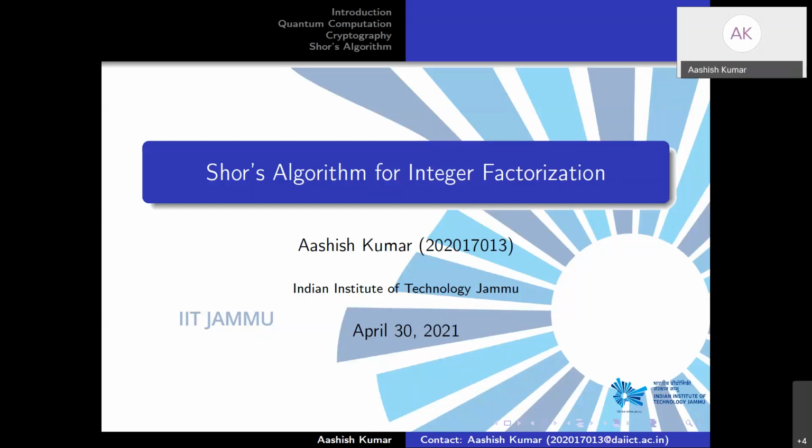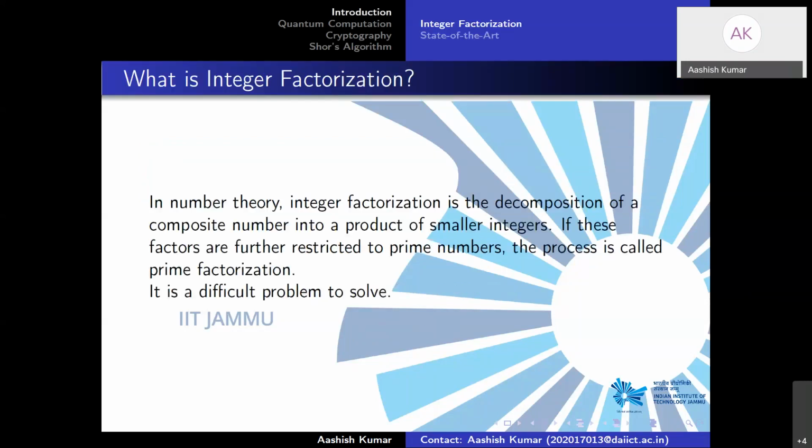Okay, so good afternoon, everybody. The topic for my discussion would be Shor's algorithm, and we'll be briefly touching the realm of quantum mechanics and quantum computation, just to know how quantum computers are going to be the next state-of-the-art means of computing things. My presentation will briefly introduce the problem of integer factorization.